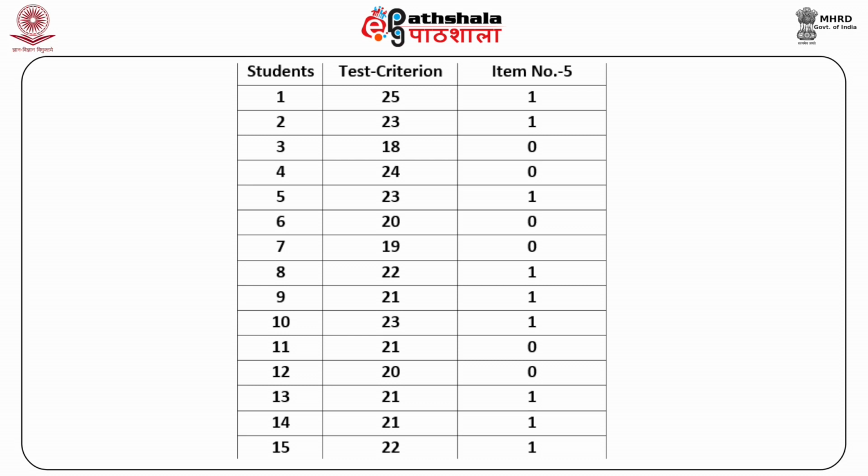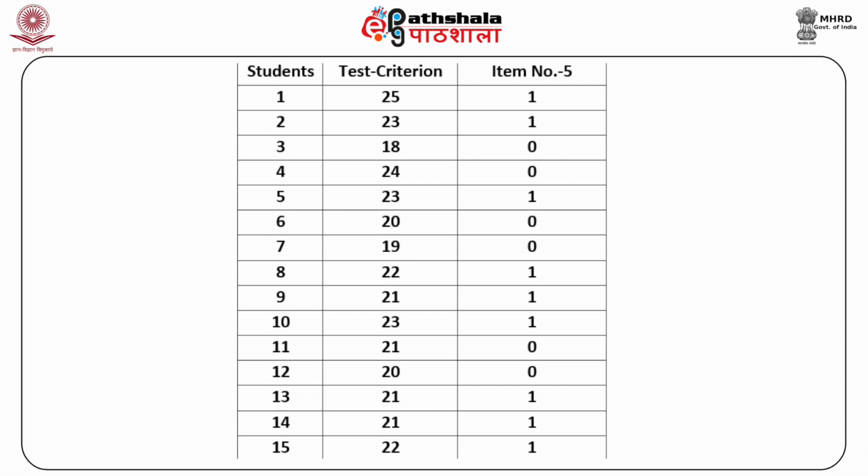The item number 5 scores are 1, 1, 0, 0, 1, 0, 0, 1, 1, 1, 0, 0, 1, 1, 1. Therefore, out of the total N of 15, the number of passing students is 9 and the number of failing is 6.